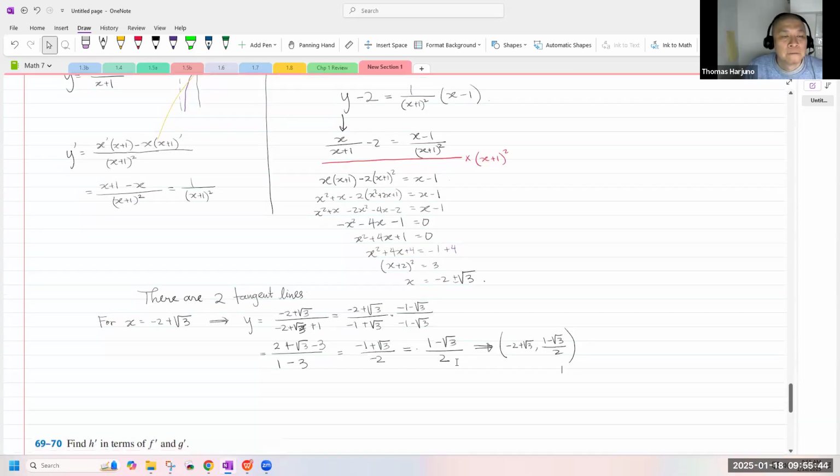So far I'm good. The second one is if I have the conjugate, so x minus equals -2 minus radical 3. So the y will be -2 minus radical 3 over -2 minus radical 3 plus 1.